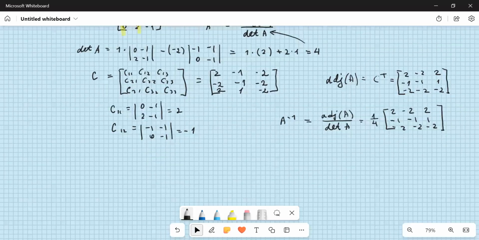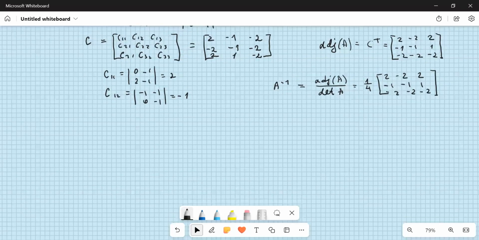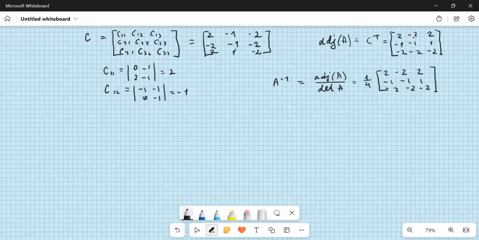Now, the second topic of our lecture today is Cramer's rule. What is Cramer's rule? Remember that our goal is to find the solution of a linear system. So Cramer's rule is going to work with the solution of a linear system.